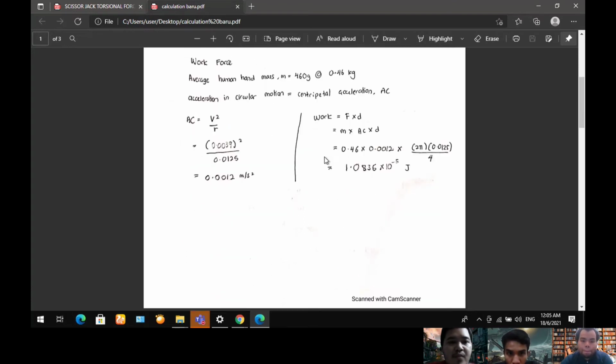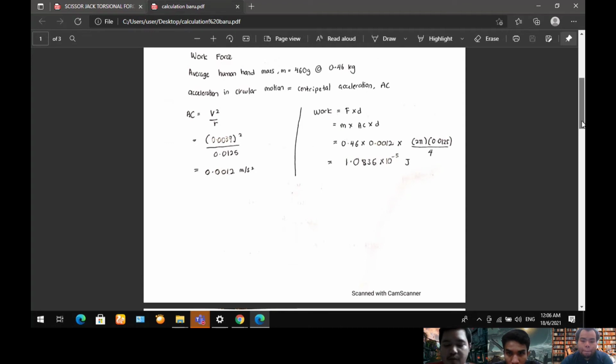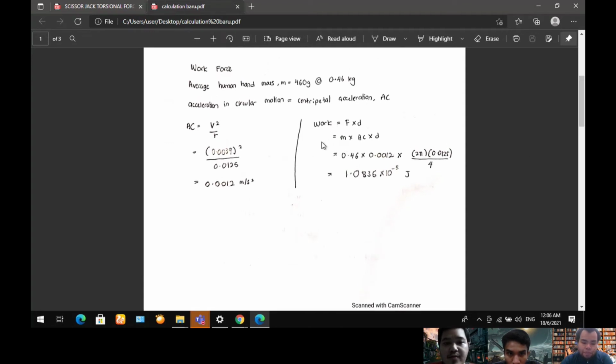After that, we find the work force. For work, the formula is force times D. The average human hand is 460 gram or 0.46 kilogram. Acceleration in circular rotation equals centripetal acceleration, so we must find the Ac first.